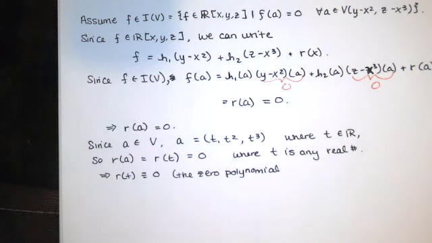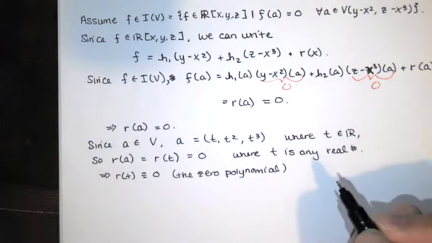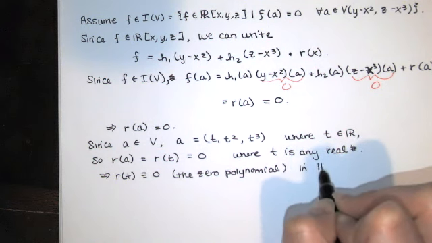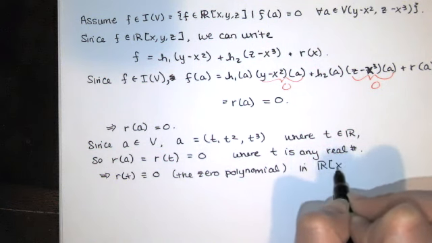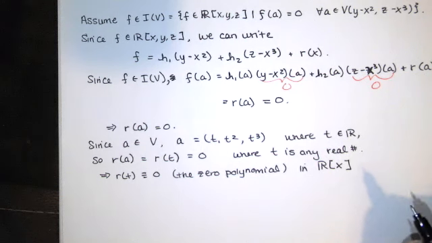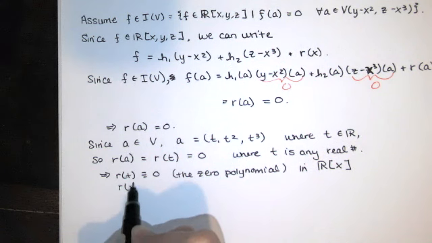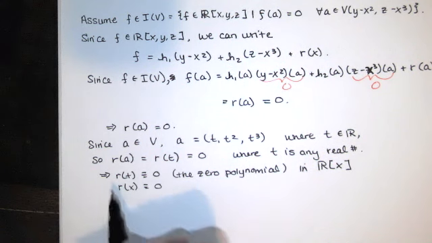It goes both ways. So r of t is equal to 0, the zero polynomial in R of x. Of course, if you wanted, you could write that as r of x rather than r of t.